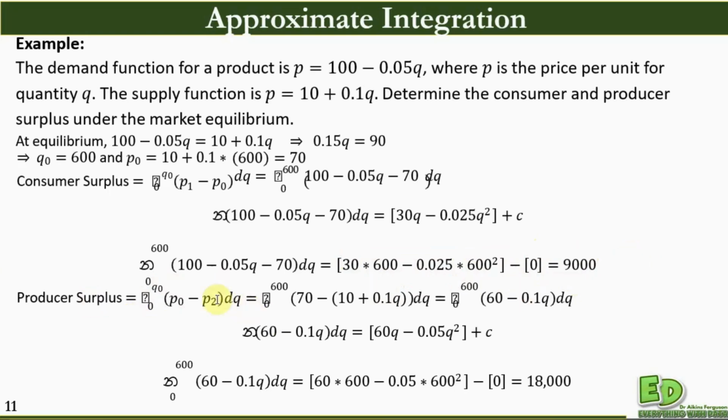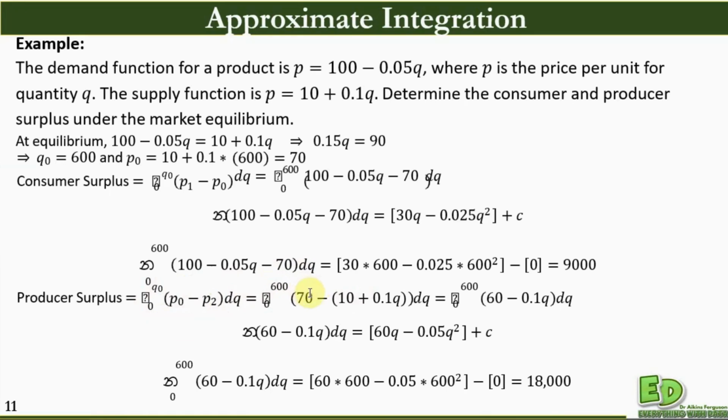Same for the producer surplus. It is the integral, Q0 upper limit, lower limit 0, of P0 minus P2, the initial price minus the supply function. So upper limit here 600, lower limit 0.